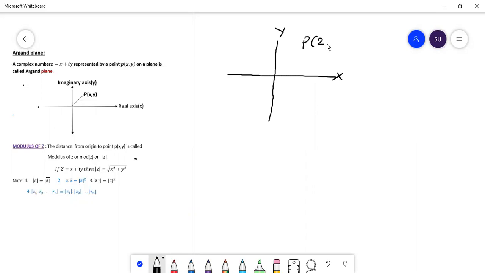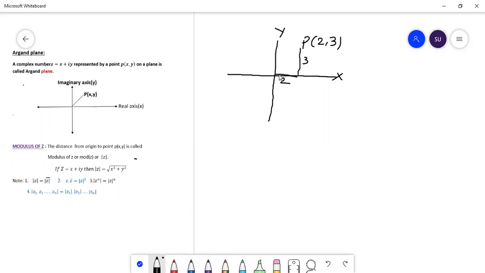For example, there is a point (2, 3), which means what? The point is at a distance of 3 units from the x-axis and 2 units from the y-axis. Correct?